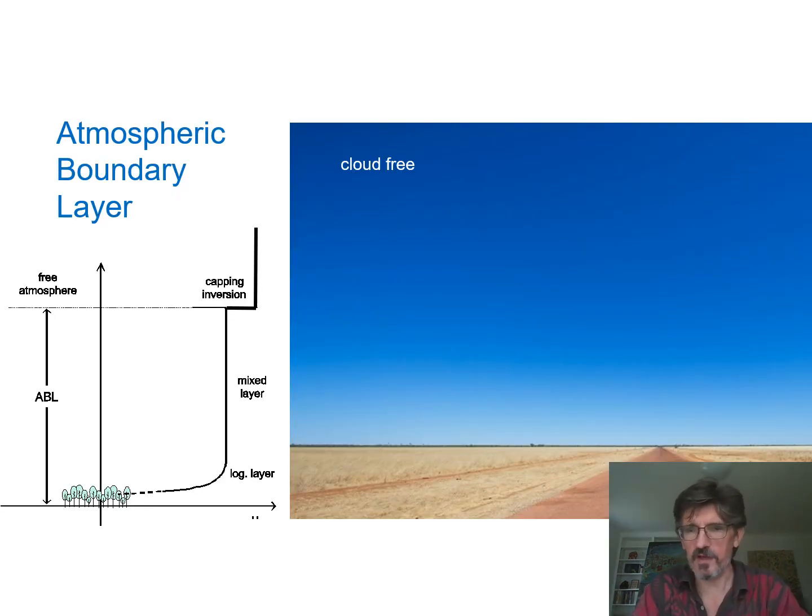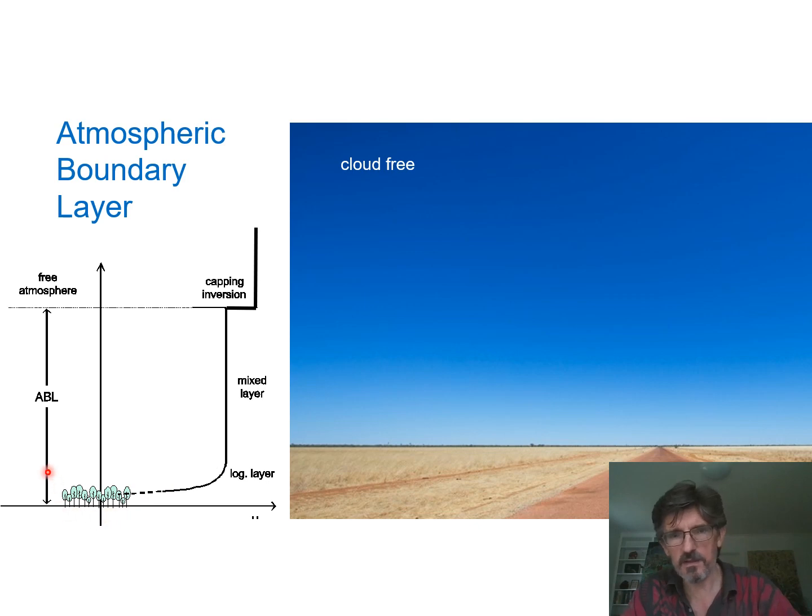What is this atmospheric boundary layer? It's something that we normally don't see on a clear day. It's a layer of intense turbulence, intense mixing, that goes from the surface above this logarithmic layer. This is the wind profile. Let's go step by step.